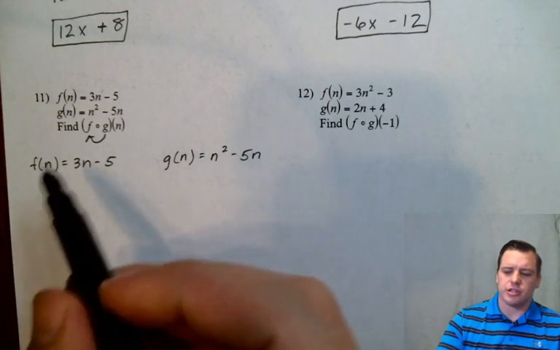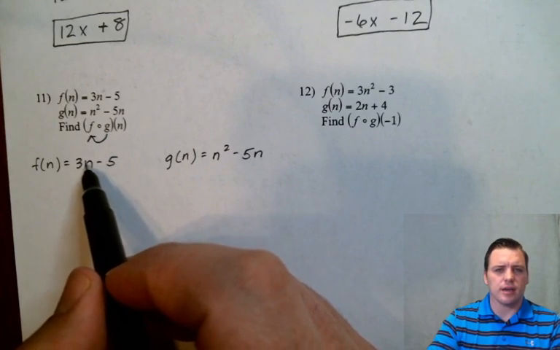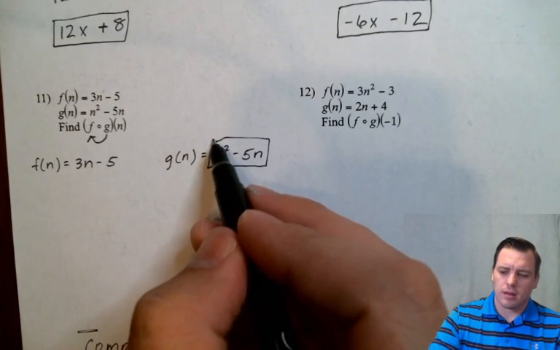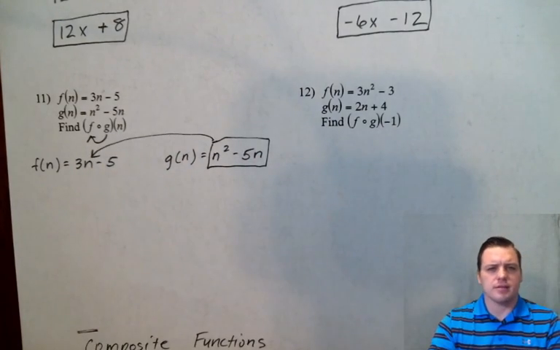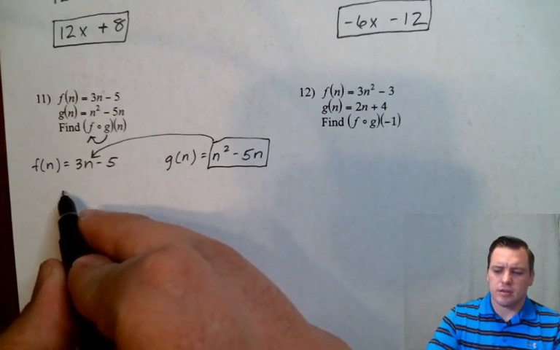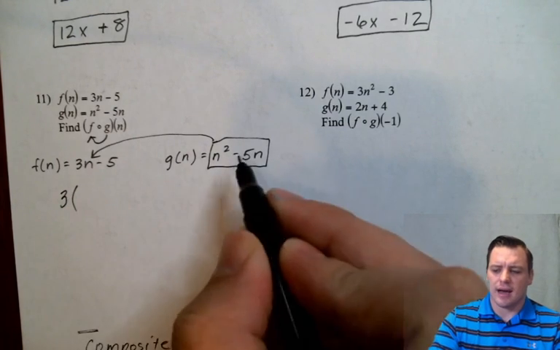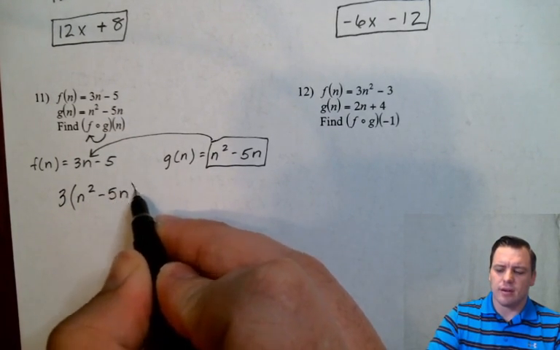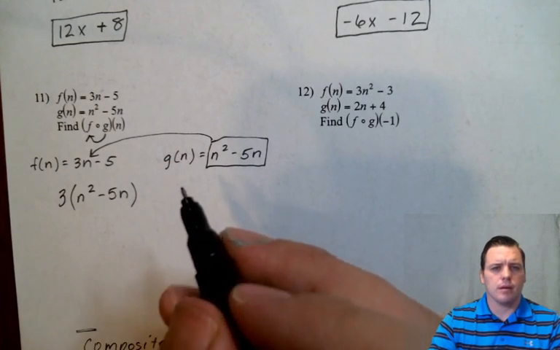So we're putting g into the n of this. Putting that right there, guys. So this would read 3 times n squared minus 5n, minus 5.